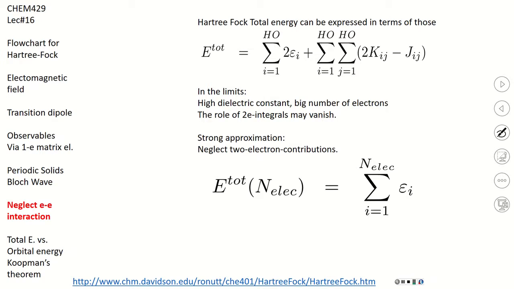It is not right, but we'll do it as an approximation for simplicity, and then we will see what we neglect. So this is a wrong expression which we just practice for simplicity. A system that includes capital N electrons is the summation of all energies of occupied orbitals.